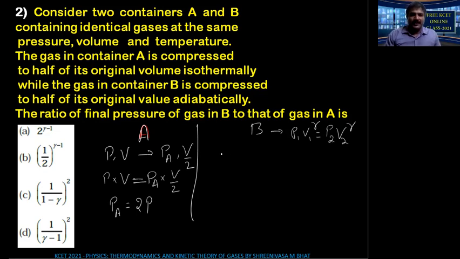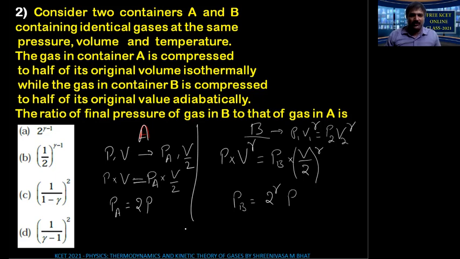So here initial pressure P, volume V power gamma, equal to P2, I take say PB in the container B, into volume finally V by 2 power gamma. Simplifying this, I want the final pressure PB. V power gamma cancels, so 2 power gamma comes, so PB equals 2 power gamma into P.